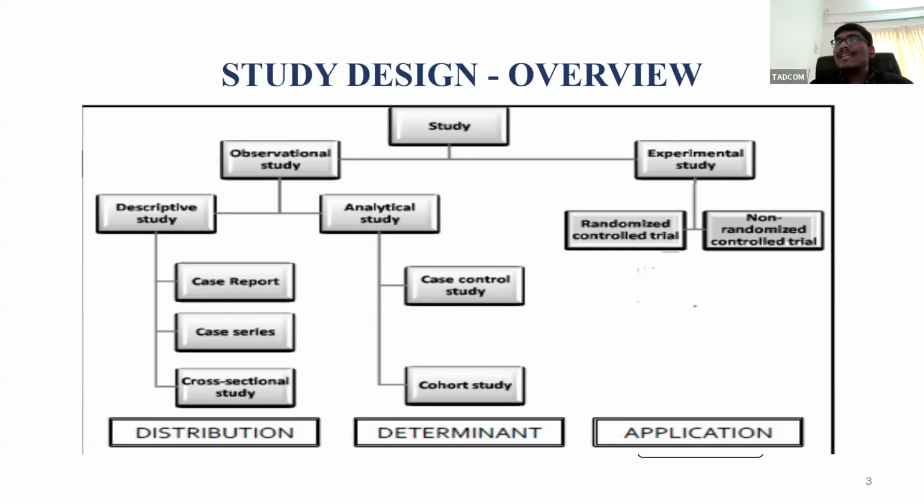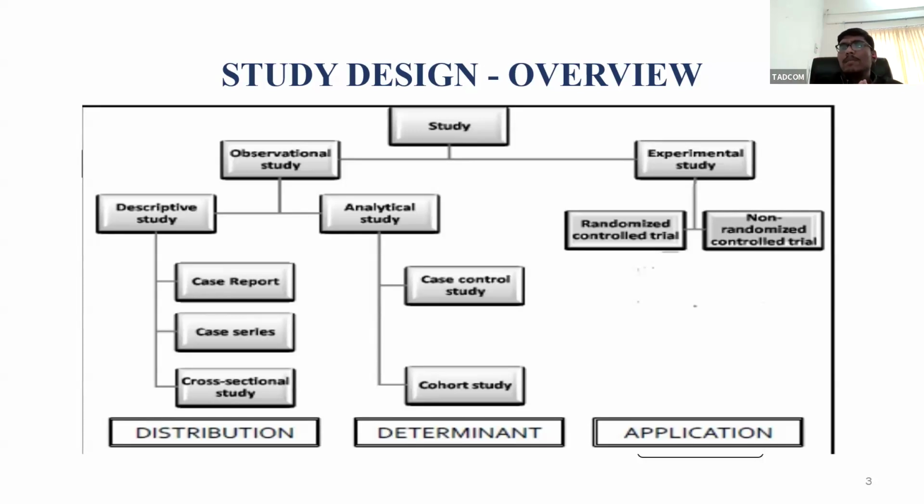Whereas in experimental studies, depending upon whether we do some kind of randomization, random allocation of participants, based upon that, we go with randomized control trials and non-randomized control trials. Okay, so just at the basic level, you just know that in case of observational studies or descriptive studies, we tend to just describe our study participants, and we just give the distribution of them with respect to age, sex, how they are distributed.